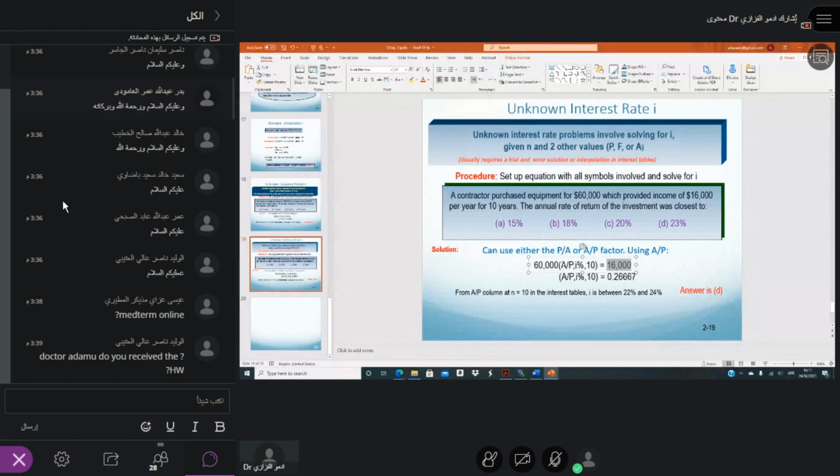You have P. You have N. Then you are looking for I. So you divide what you have here by this value, and this is what is left.